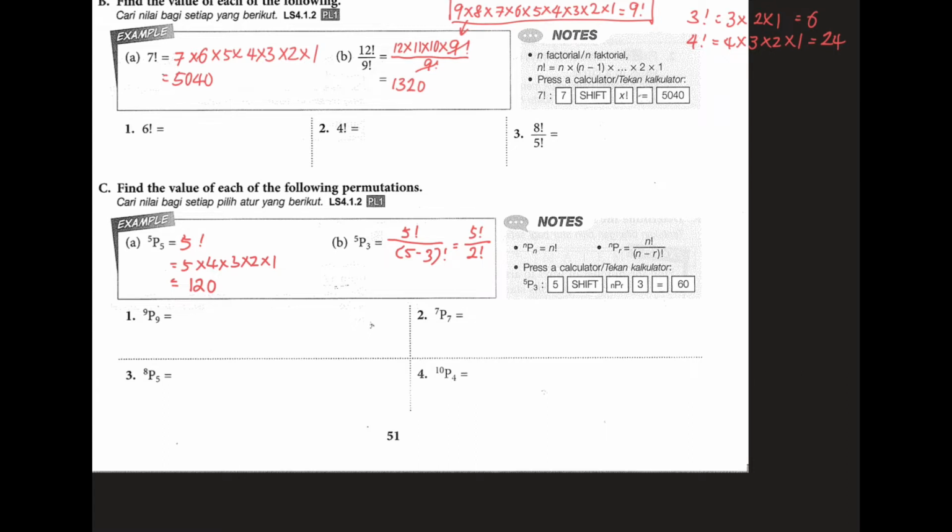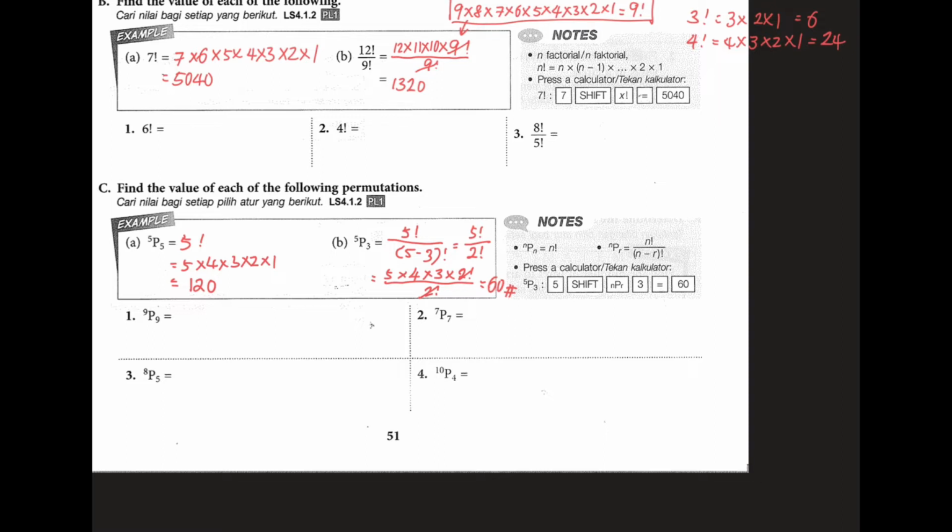So you can do something like this: 5, 4, 3, 2, 1 over 2, 1, which I leave as 2 factorial. 2 factorial cut. Then I have only 3 numbers to multiply. 5 times 4 times 3 is 60. Okay, so these are the two formulas of permutation.